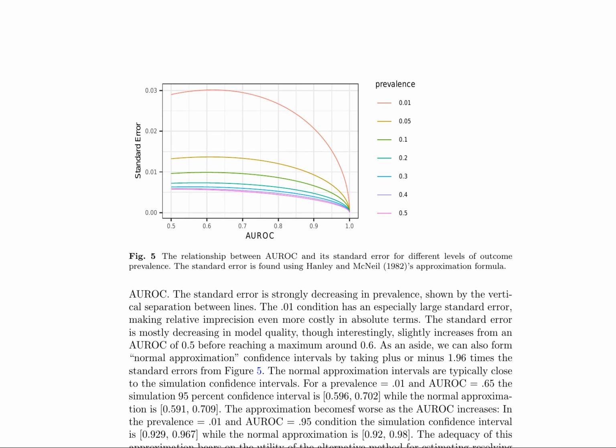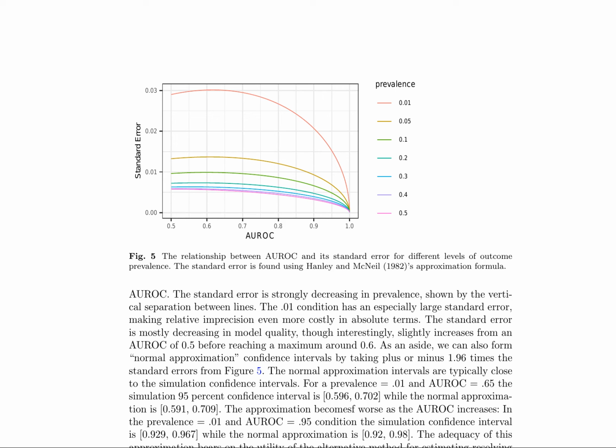The relationship between the area under the receiver operating characteristic curve, AUROC, and its standard error is explored for varying levels of outcome prevalence. Figure 5 illustrates this relationship, with the standard error calculated using Hanley and McNeil's 1982 approximation formula.